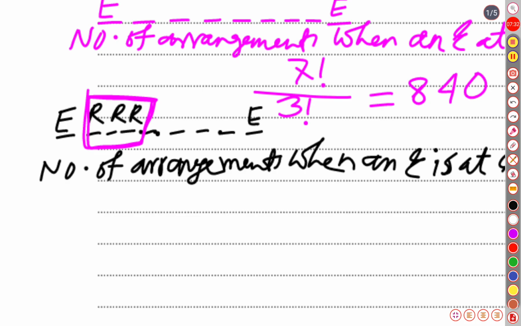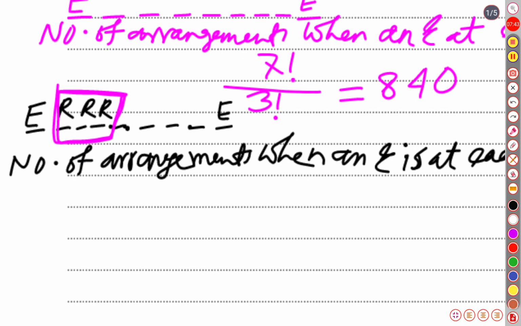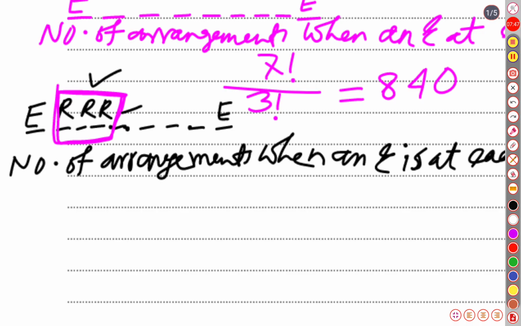As all R's are behaving as one unit, how many units are there? 1, 2, 3, 4, 5. 5 factorial ways they can be arranged.